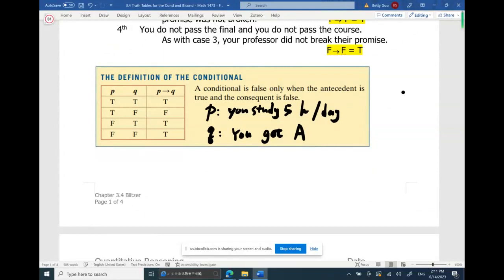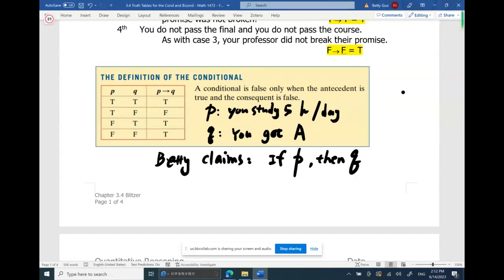So me as the professor, I claim: if you study 5 hours every day, Monday, Tuesday, Wednesday, Thursday, Friday, then you will get an A from this course. That's my claim.